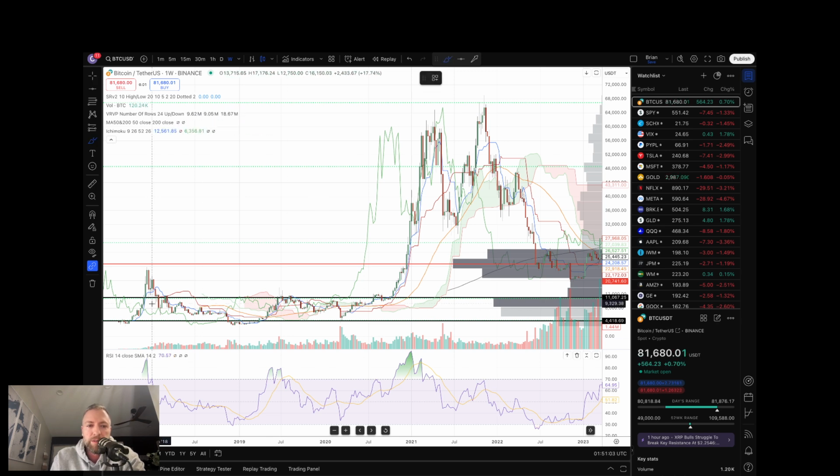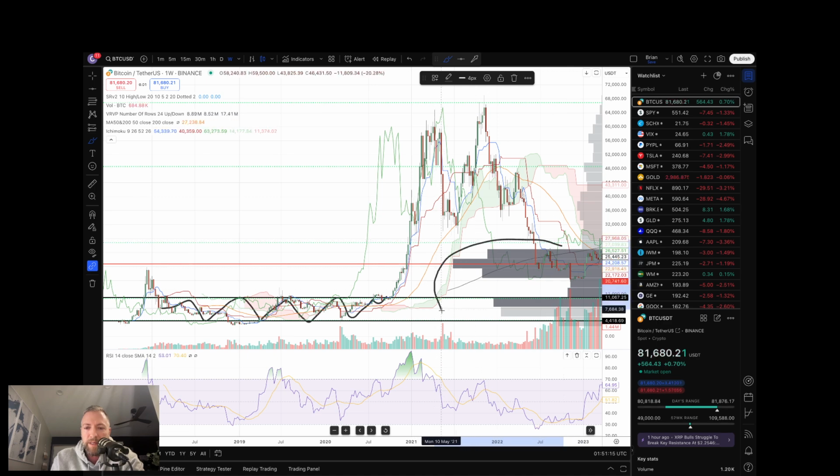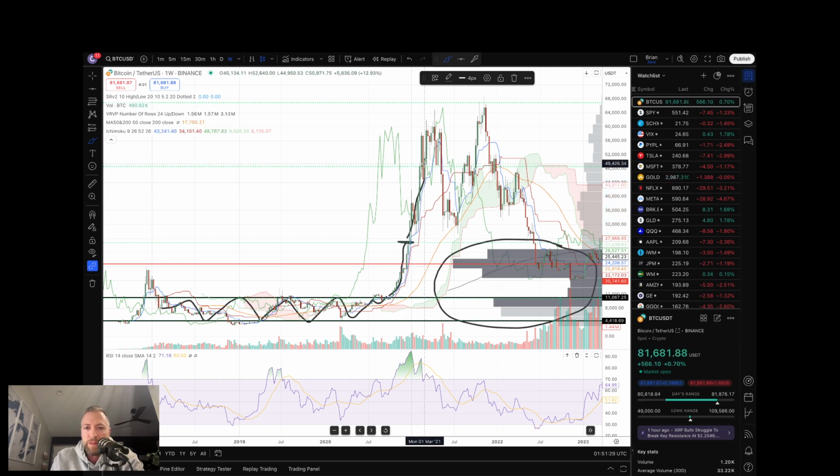So the stock price was consolidating between these resistance levels. A lot of the volume profile was right in this area right here. So it shot up to this next resistance level, which is right here, and broke through, then broke through this resistance level and this resistance level right here.